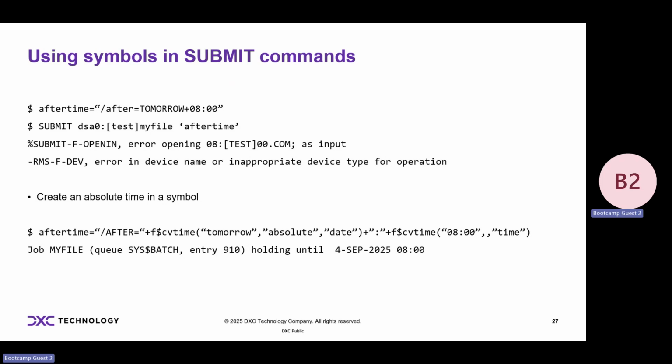But it was the colon, the symbol substitution that was going on in the command file. So I actually had to create an absolute time, and the way that I did it is I'm simply using $CVTIME to form an absolute time, because trying to feed /after into the translation, DCL just doesn't like it.